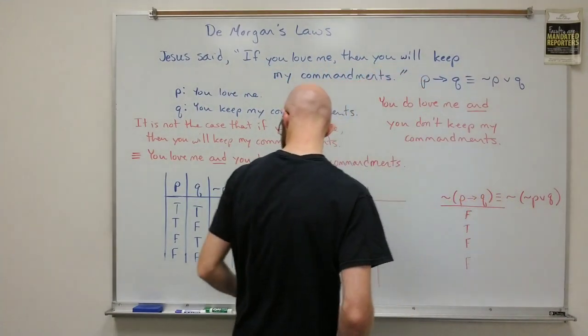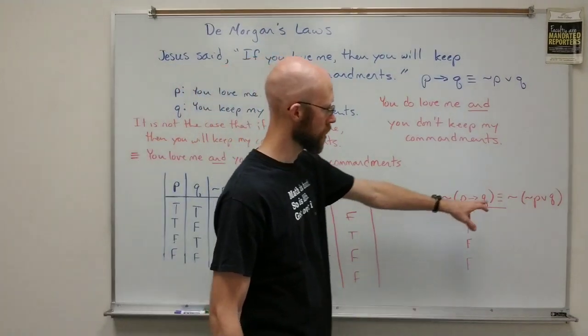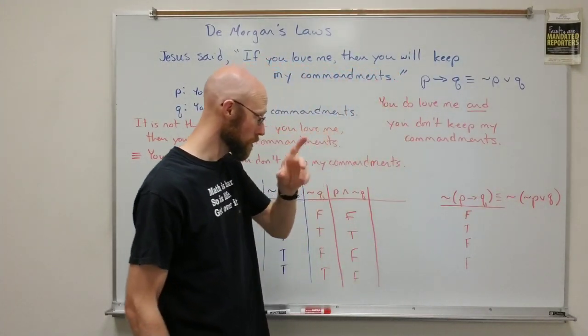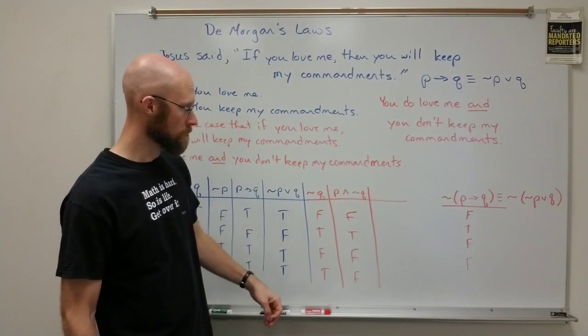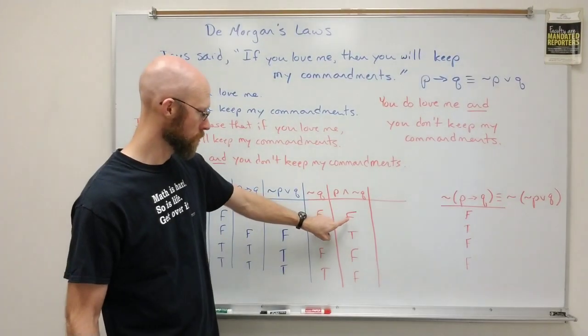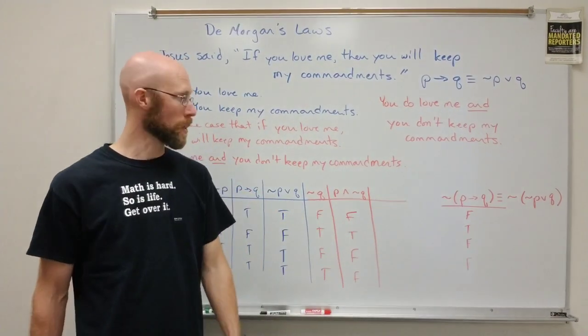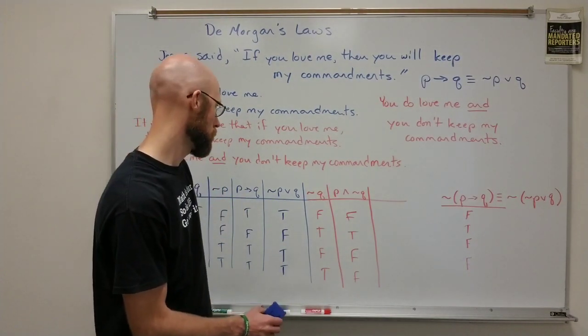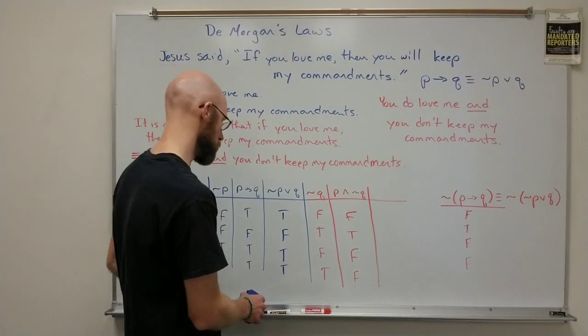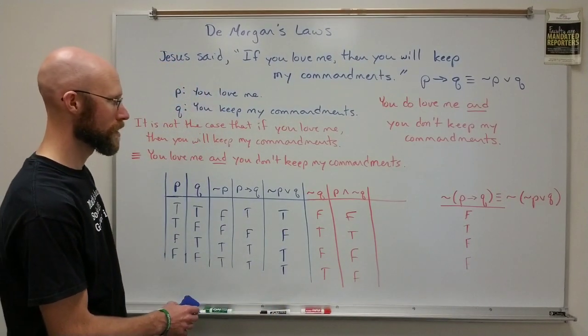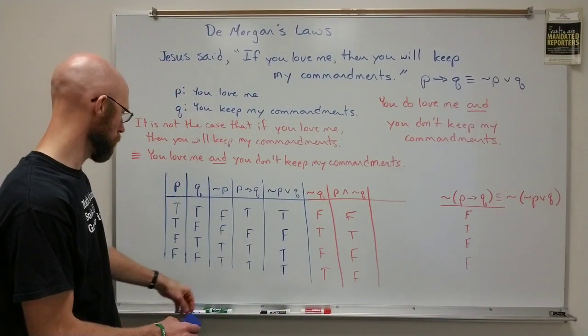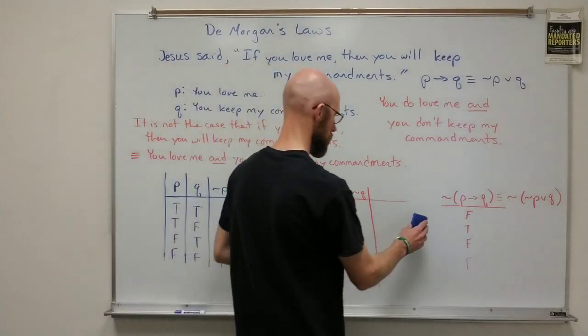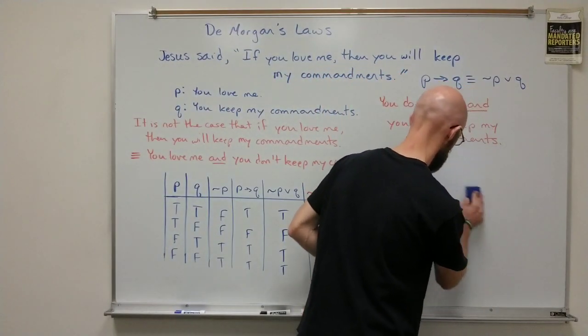Anyway, now we can also look at this idea here. I didn't talk about that. Now the negation of the disjunction should be the same. It should have the same false, true, false, false combination there. And so if we were to write that one out in word form, I'll switch colors here. Let's get rid of this.